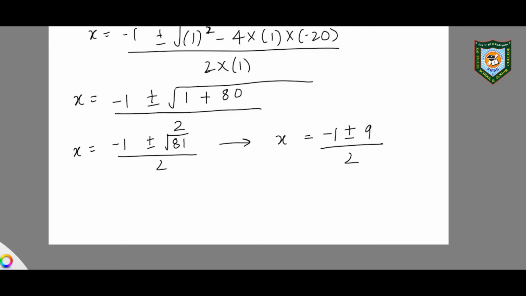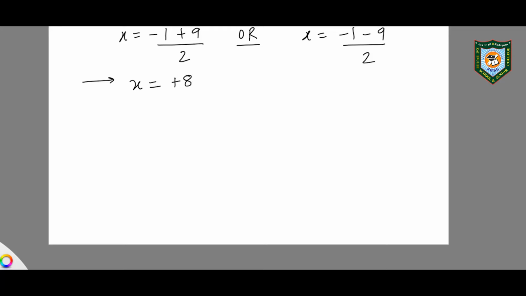Now what I need to do is take two different values for x and solve them separately. So I have x is equal to minus 1 plus 9 divided by 2, or x is equal to minus 1 minus 9 divided by 2. All I did is I took plus 9 once and minus 9 the other time.